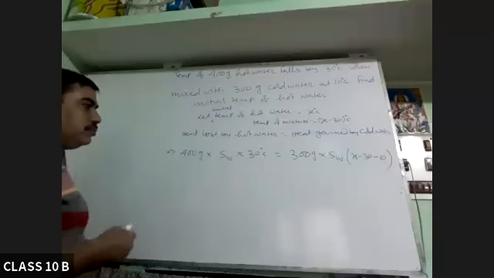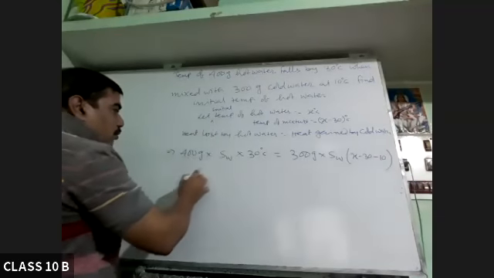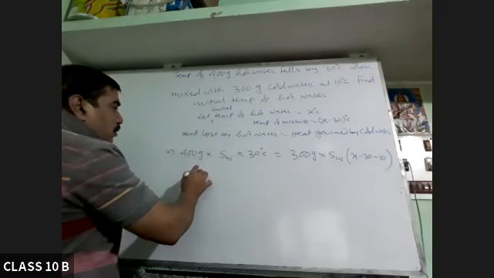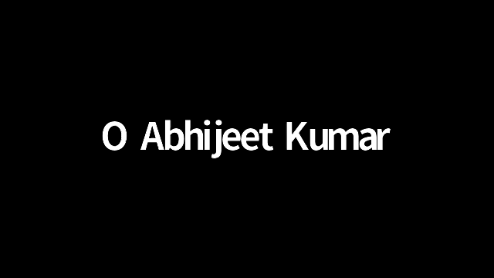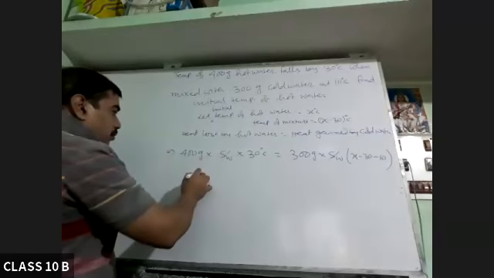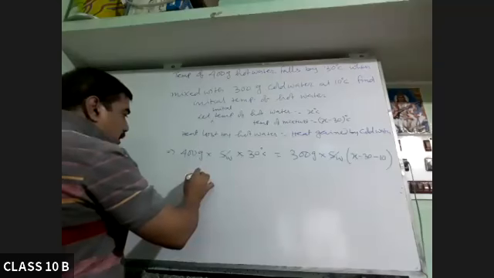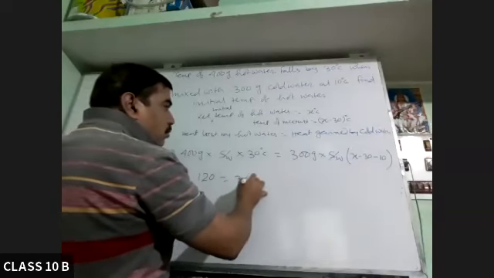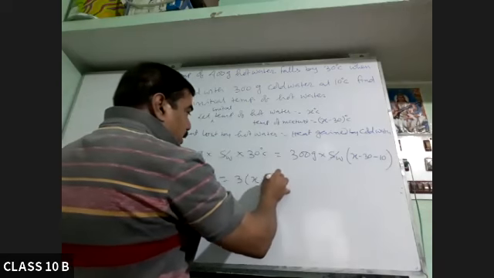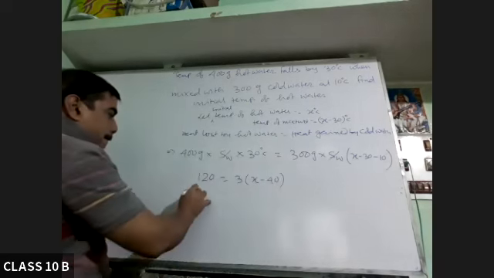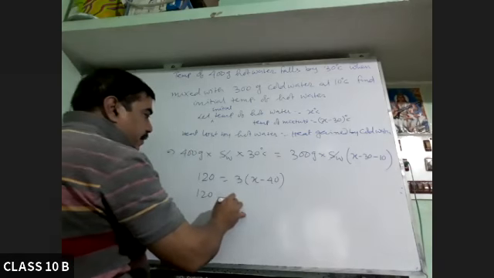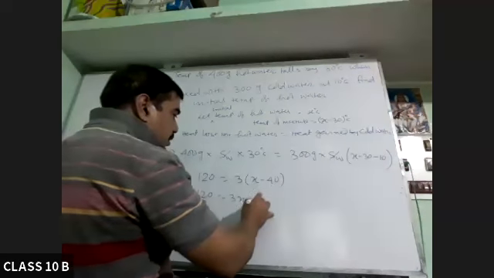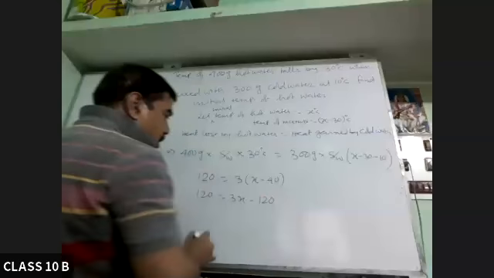Now, so 4 into 3. SW cancels, gram cancels, 100 cancels. So 4 into 30, that is 120, will be equal to 3 into x minus 40, that is 3x minus 120.